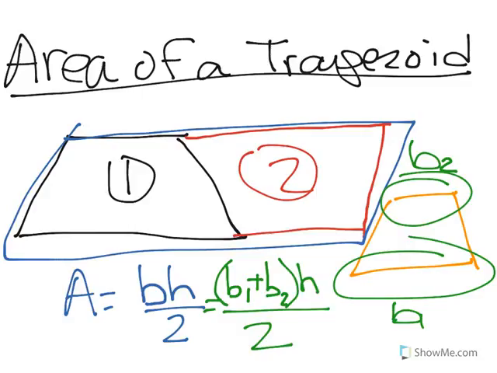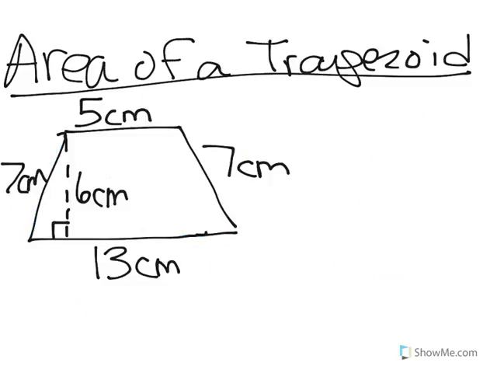So how do we find the area of a trapezoid? Here we're given a trapezoid and we need to find the area. So the first step we must do is write our formula. The area is equal to base 1 plus base 2 times the height divided by 2.